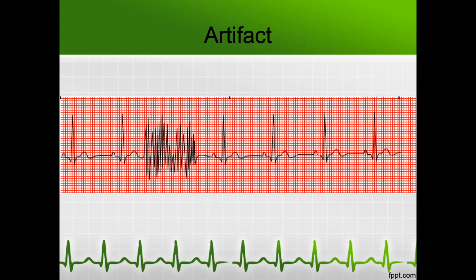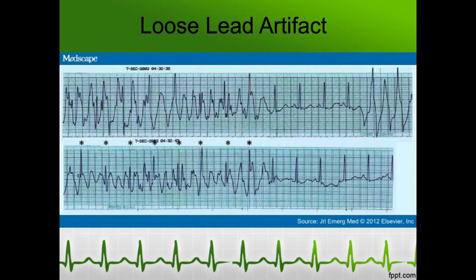It is essentially interference, and there can be different types of interference. For instance, sometimes the sticky part of the lead fails. That could lead to the lead itself not making good contact with the patient's skin. That will show up as interference known as loose lead artifact, which is depicted here. To resolve this type of artifact, simply reattach the leads more firmly.